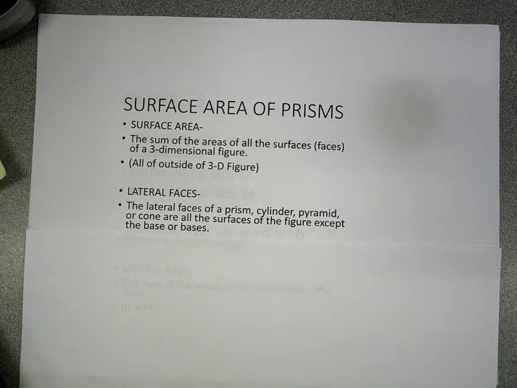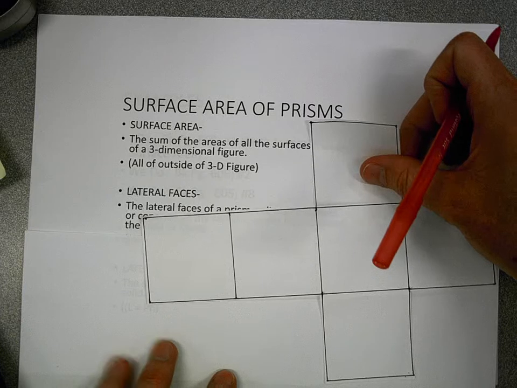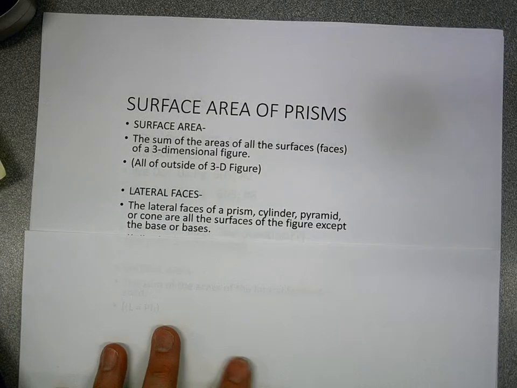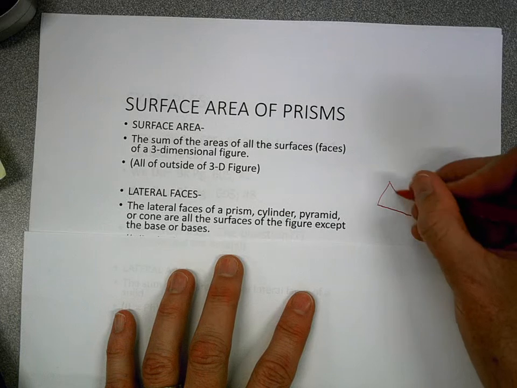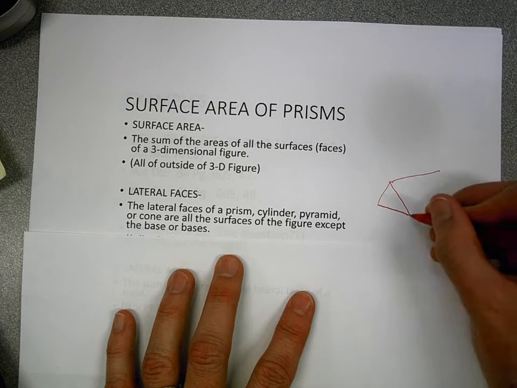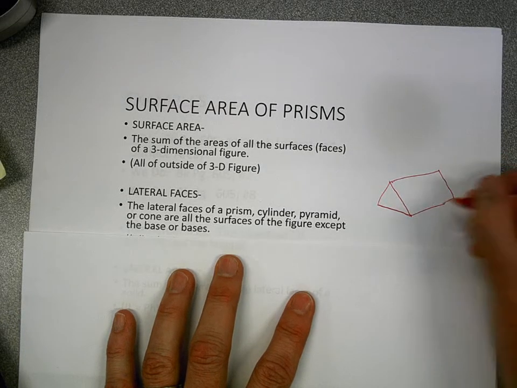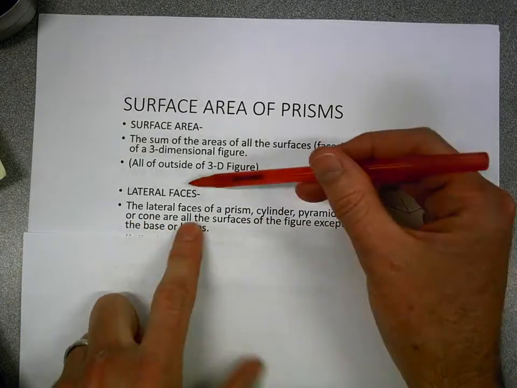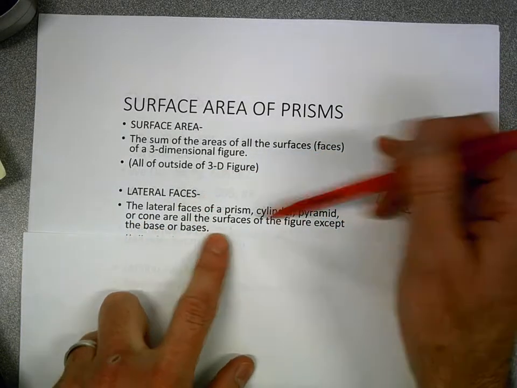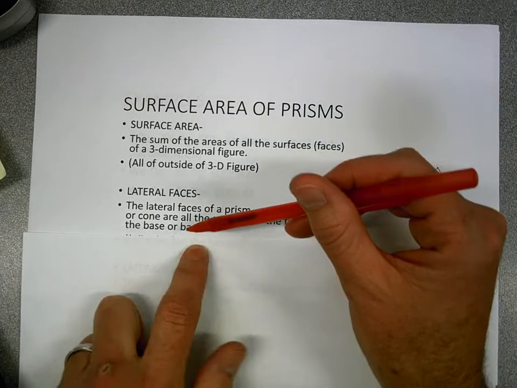Okay, so I would show you using this, but it being a cube, it'd be kind of hard to understand. It's probably a little easier to understand this by me quickly drawing a triangular prism for you. Now, a triangular prism gets its name off of its bases, right? The bases are the triangles. If you take a look, lateral faces are all the faces or the surfaces except the bases.